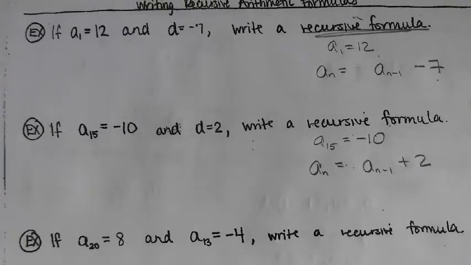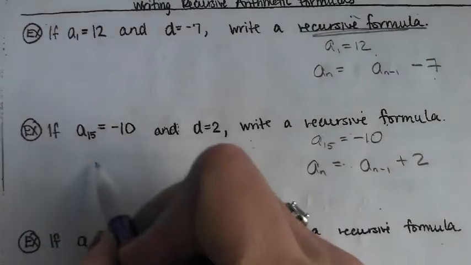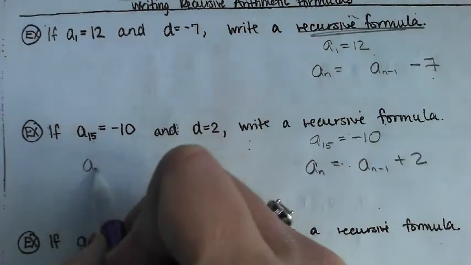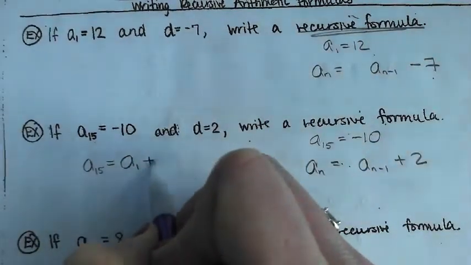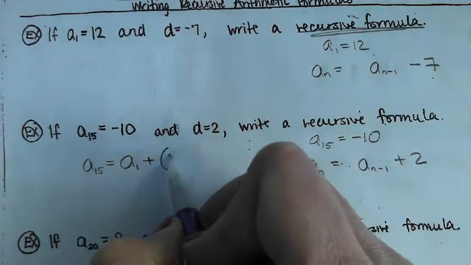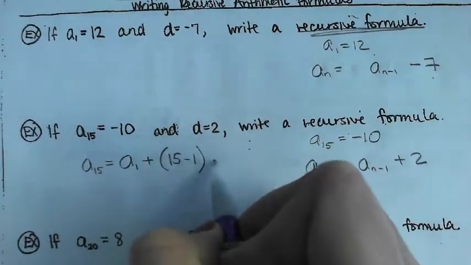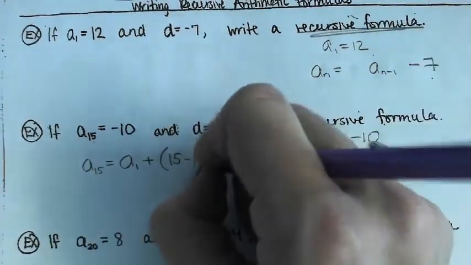So using this information, let's find our first term. So given our formula, n is 15, so a sub 15 equals your first term plus n minus 1, which is 15 minus 1, times your common difference of 2.